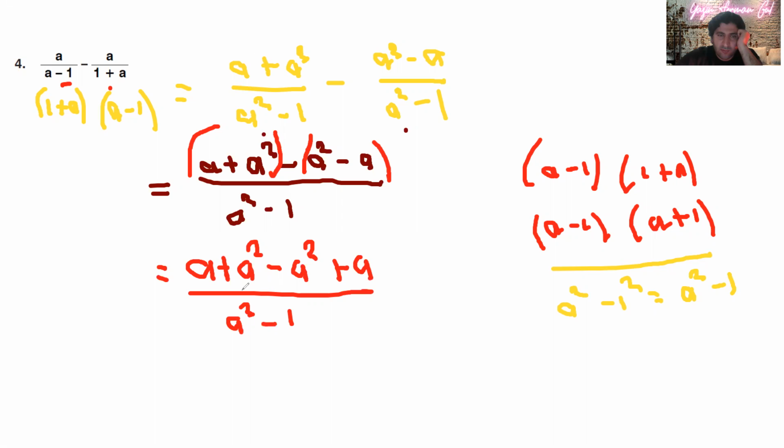Okay, so a squared minus a squared, this will cancel each other. Then what is left on the top is 2a.